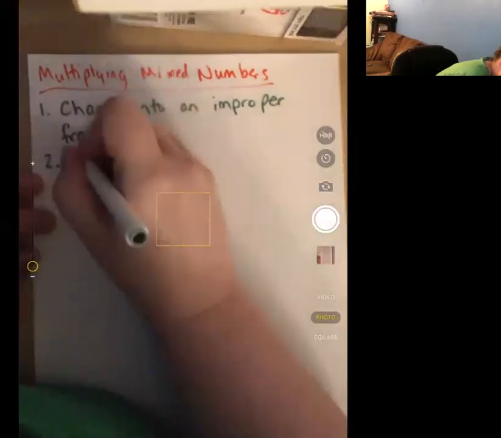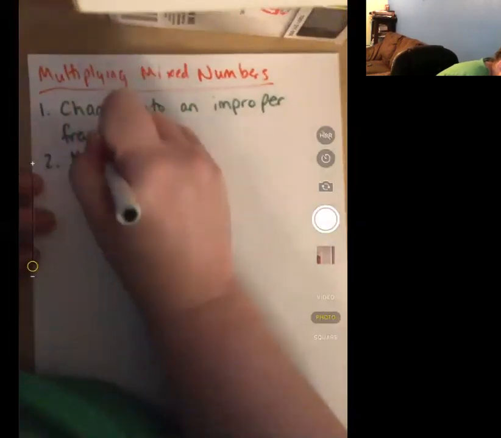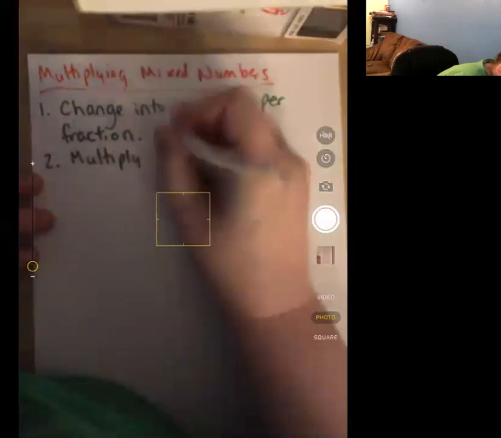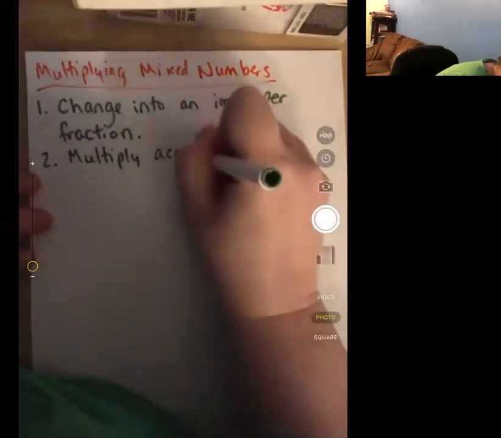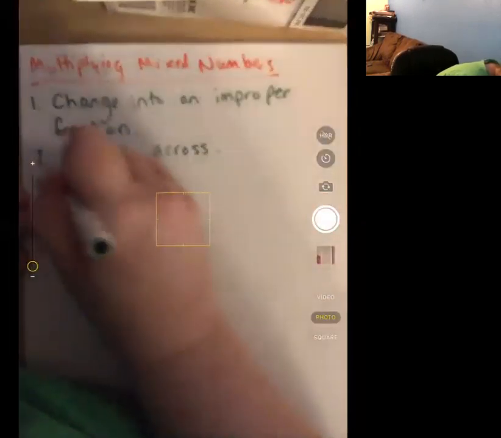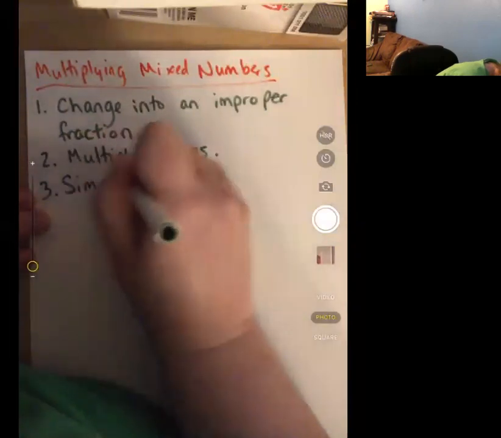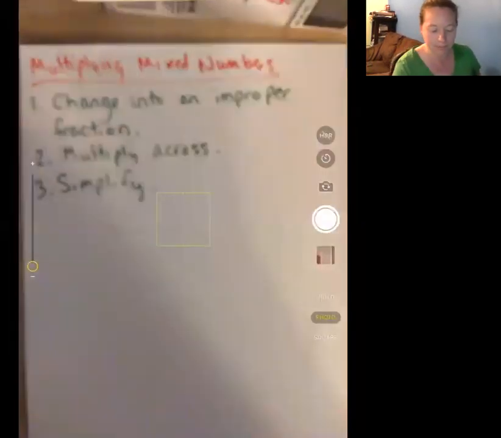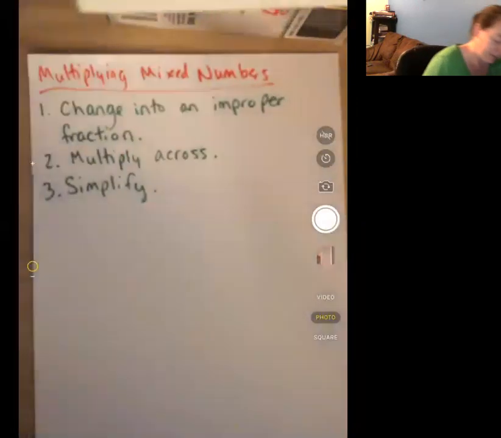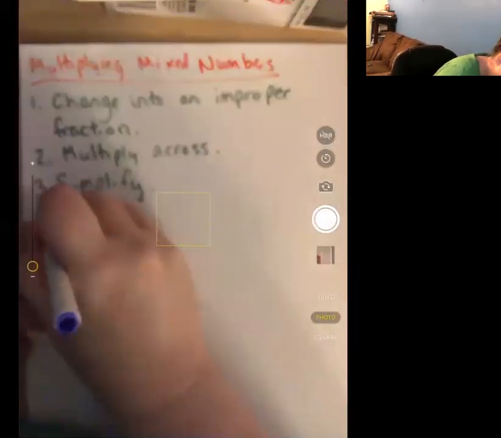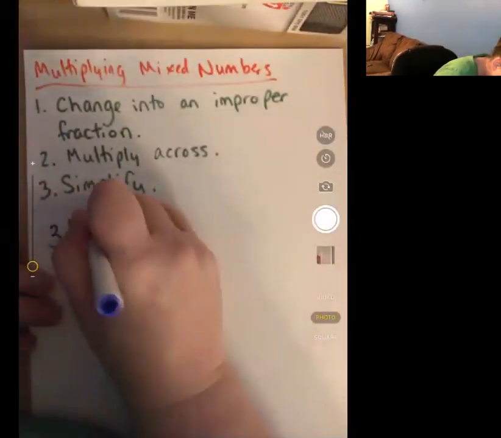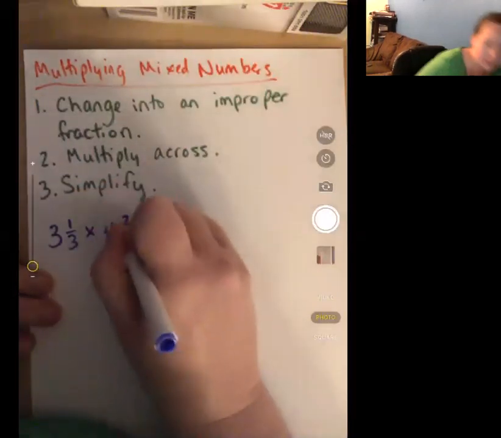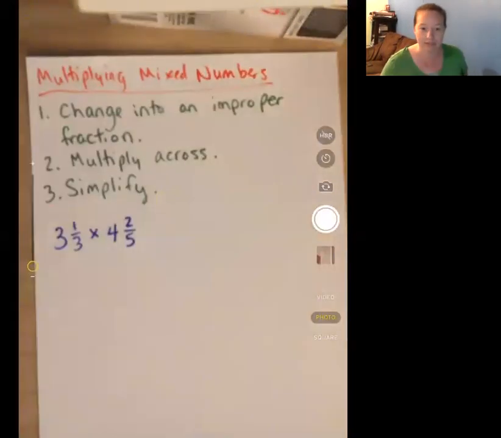is multiply across, just like we did on the other part. And then number 3 is simplify, just like it was on the other part. Okay? So if we have 3 1/3 times 4 2/5, let's say that that's what we have.